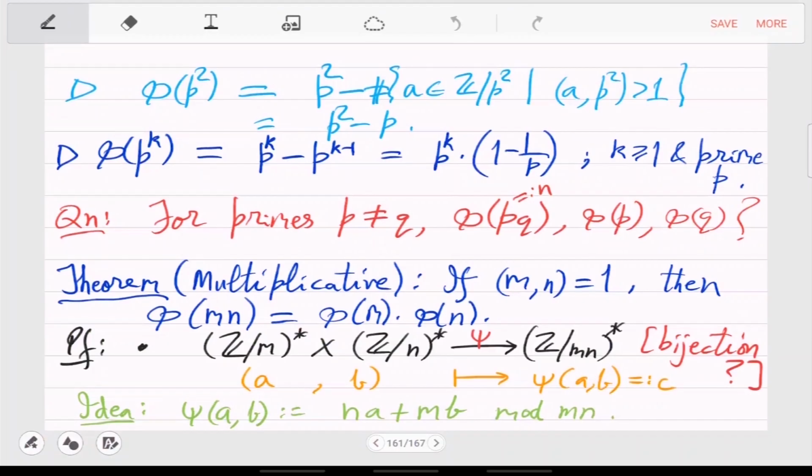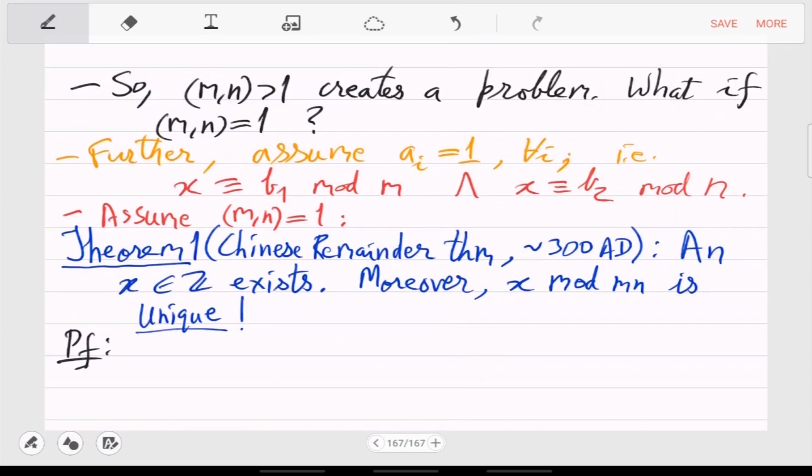We showed that there is a bijection psi from Zm star cross Zn star to Z mod mn star. So there the map was this, A comma B was mapped to Na plus Mb, right? So let's try to do the same thing, except that there is no star now.